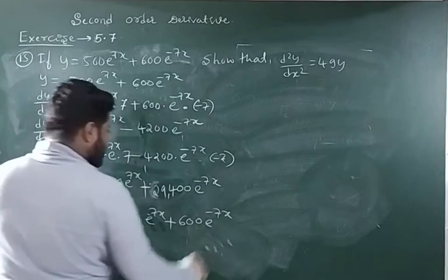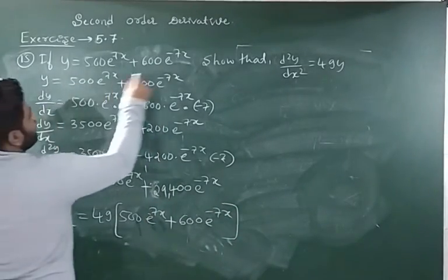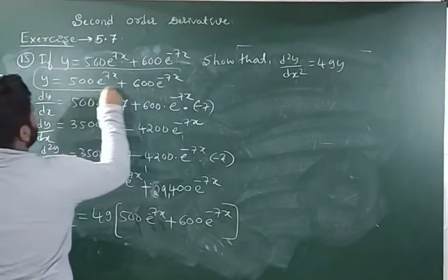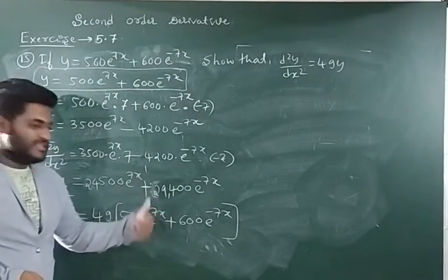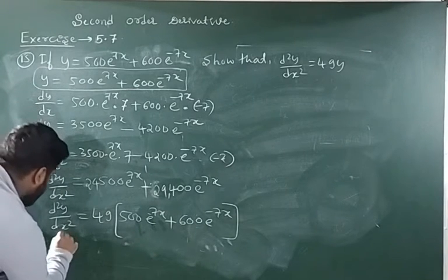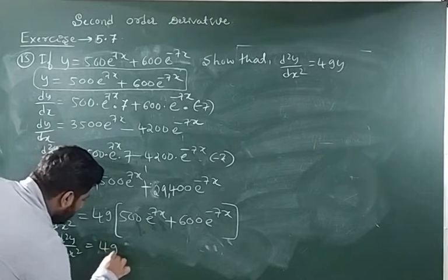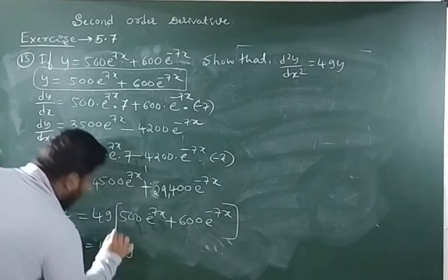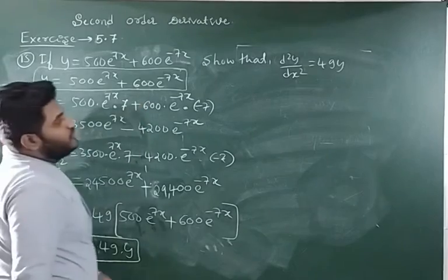Carefully see here, this value, 500 e raised to 7x plus 600 e raised to minus 7x, is nothing but y. So we can put d square y by dx square is equal to 49 into y. Hence we have proved what we were asked to prove.